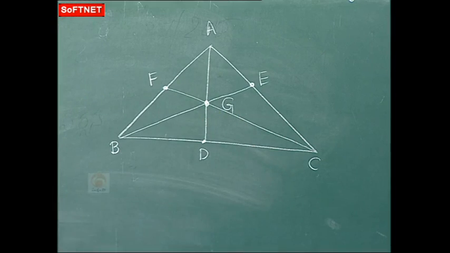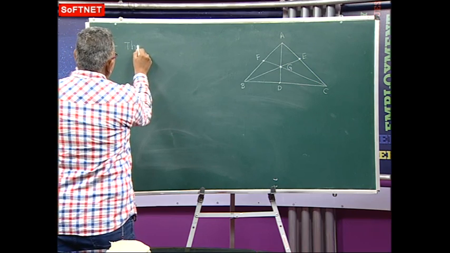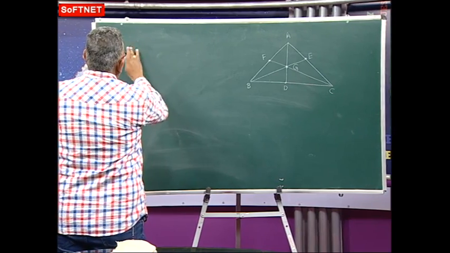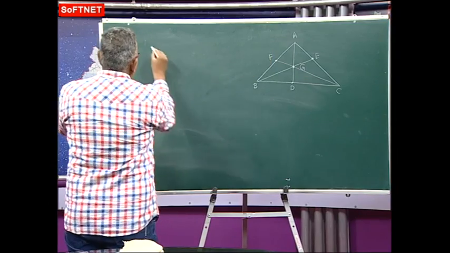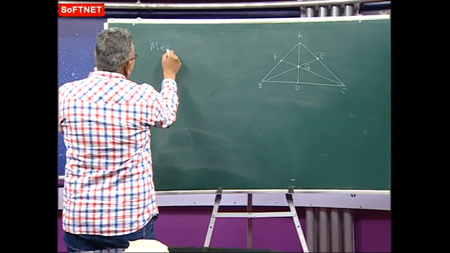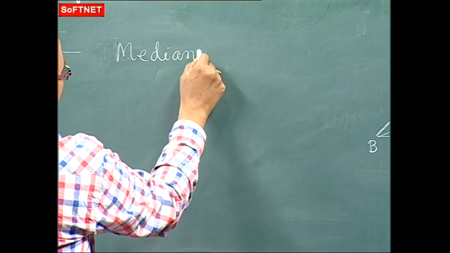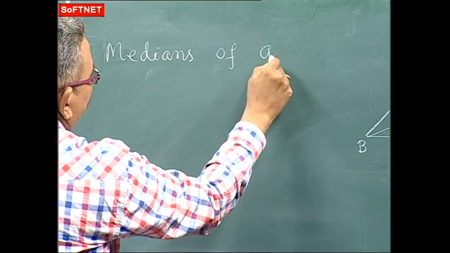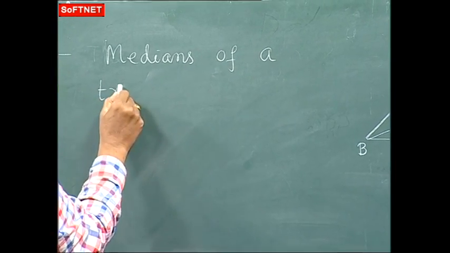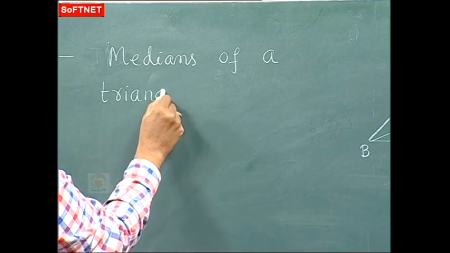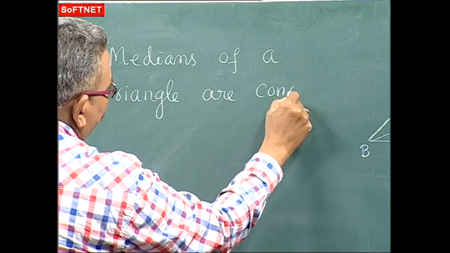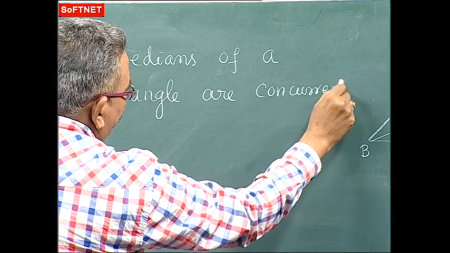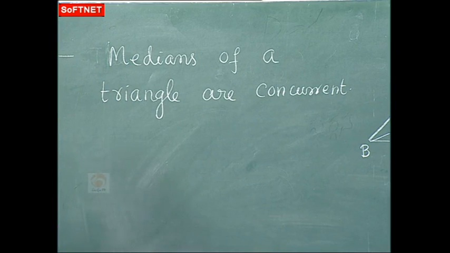Now let us write it. The medians of a triangle are concurrent. It's clear, concurrent.